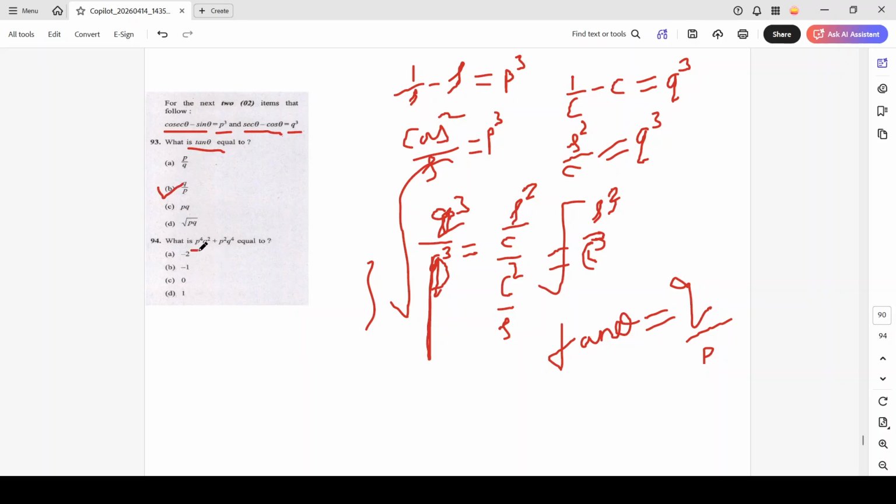p to the power 4 q square, p to the power 2 q 4. Simply, the best way to solve this question is value putting. If I put the value of theta equal to 45, then what will be the value of cosec theta? Root 2 minus 1 by root 2, is equal to p cube.